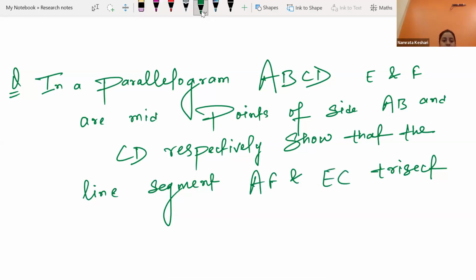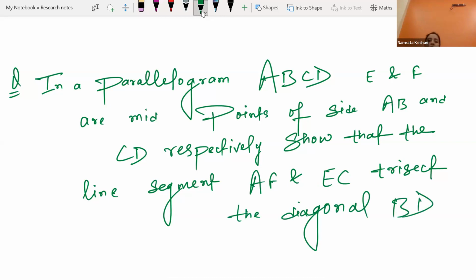Trisect the diagonal BD. Yes, everyone, please try it now. I'm explaining it, but at first read it by yourself. Try to understand what the statement says. Yes, Ryan, I'm explaining it.